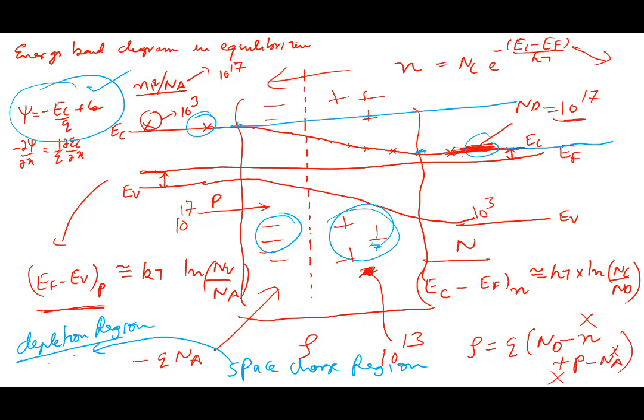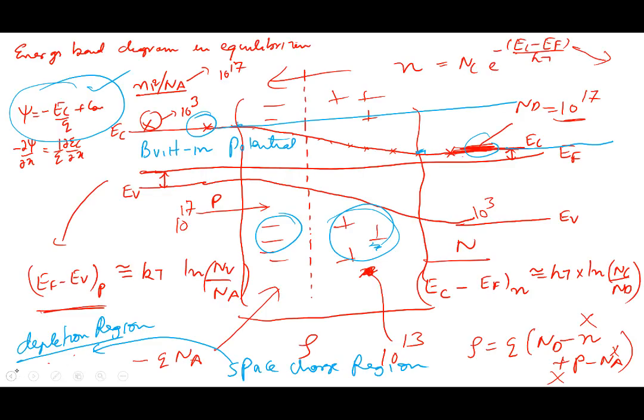So we call this, as the name indicates, the built-in potential. It has not come about because of anything that I've applied. It's sort of built into the semiconductor, built into the p-n junction. It's part and parcel of the p-n junction. So it's a built-in potential.